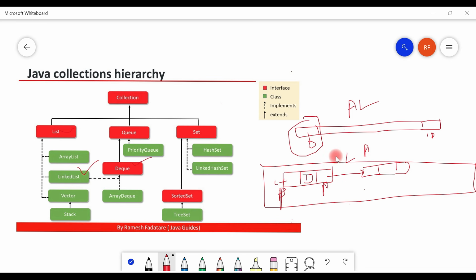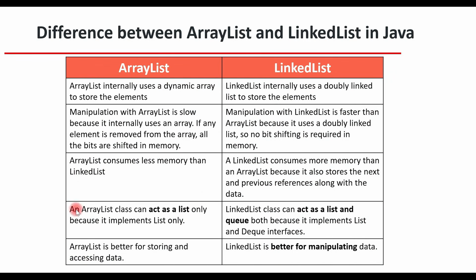Okay, got the point? And next difference is the ArrayList class can act as a list only because it implements only the List interface. On the other hand, the LinkedList class can act as a list and queue both because it implements the List and Deque interfaces.